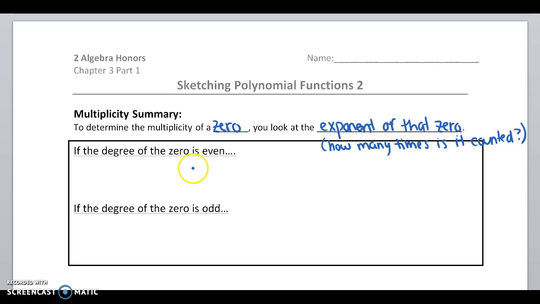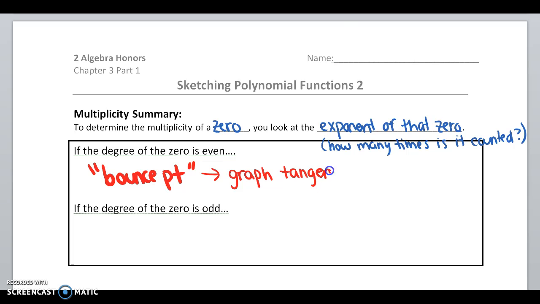So if the degree of the zero is even, it's what we call, not very precisely, a bounce point. Okay, more precisely, we would say the graph is tangent at that zero. Specifically, it's tangent to the x-axis at that point.